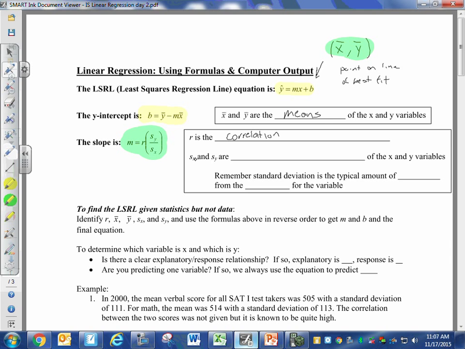We know that s sub x and s sub y are the standard deviations of the x and y variables. Remember, standard deviation is the typical amount of distance from the mean for the variable.